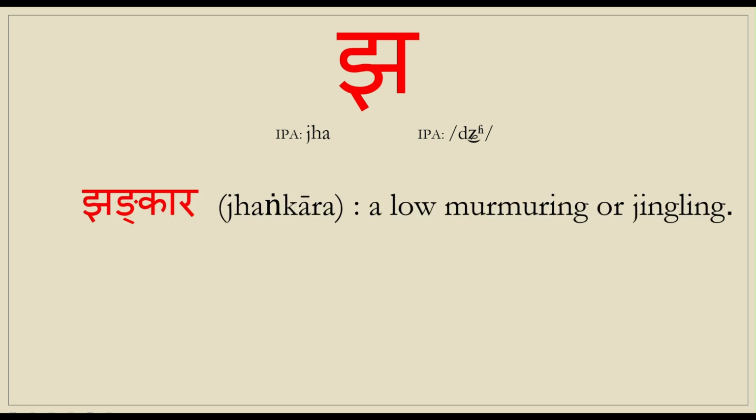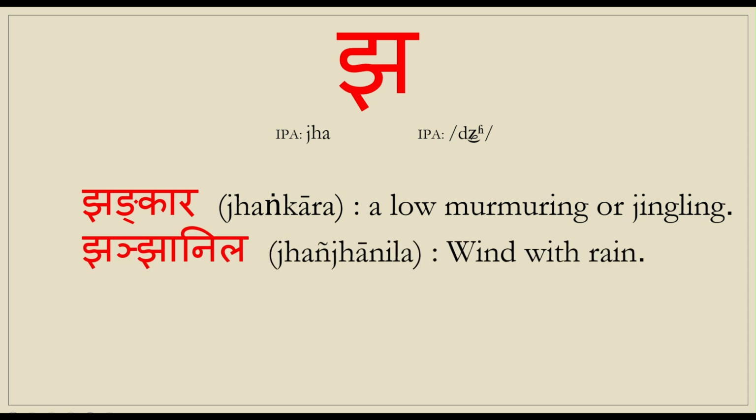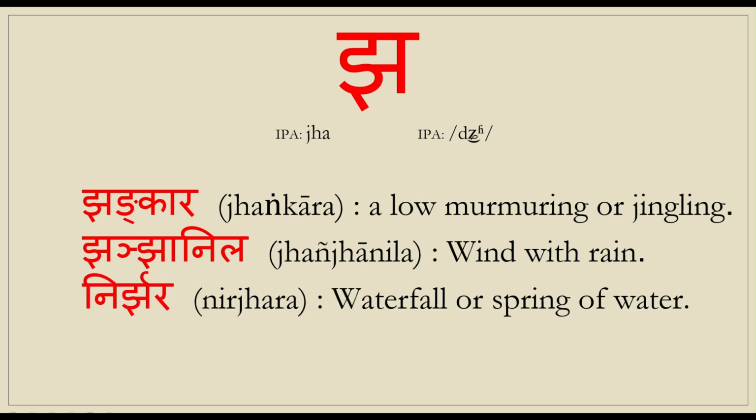Our next consonant is the voiced aspirated jha, represented in IAST as JHA. This sound does not exist in English, so the Sanskrit examples are like the word jhankara, which means a low murmuring or jingling, the word jhanjhanila, which means wind with rain, and the word nirjhara, which means waterfall or spring of water.